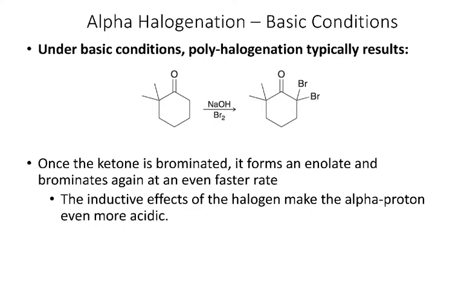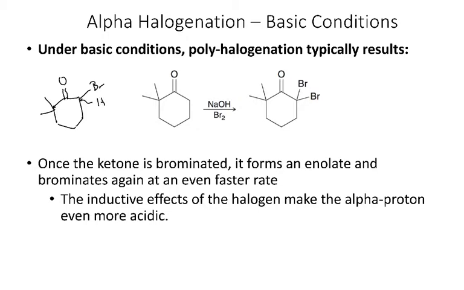Now, one drawback of doing the alpha halogenation under basic conditions is it's very hard to stop at adding just one halogen. And usually polyhalogenation occurs. And to understand why that might happen, if you think about just forming the monobrominated product, once we've done the monobromination, we also have another hydrogen on here.